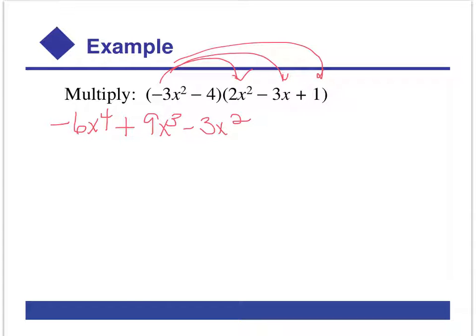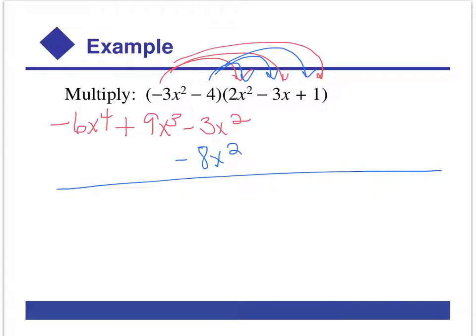Now, if you go through and do the second one, you can line them up, and that helps a little bit too. So negative 4 times 2x squared gives me a negative 8x squared. So I can line that up under the x squared. So it's like doing a vertical way of adding things together.